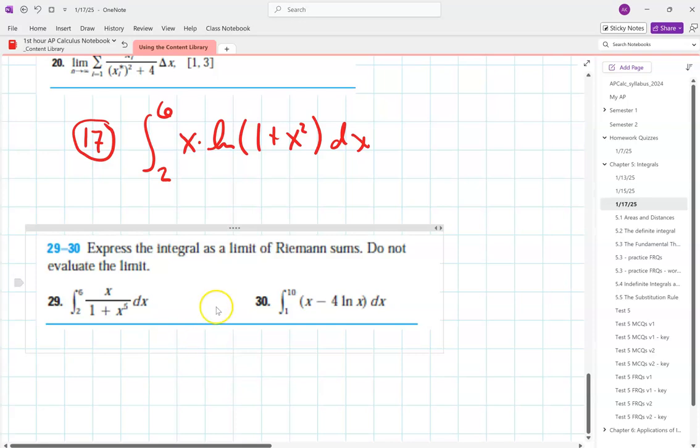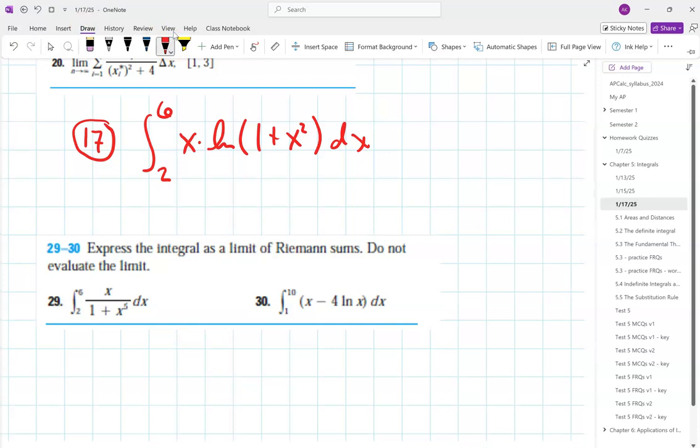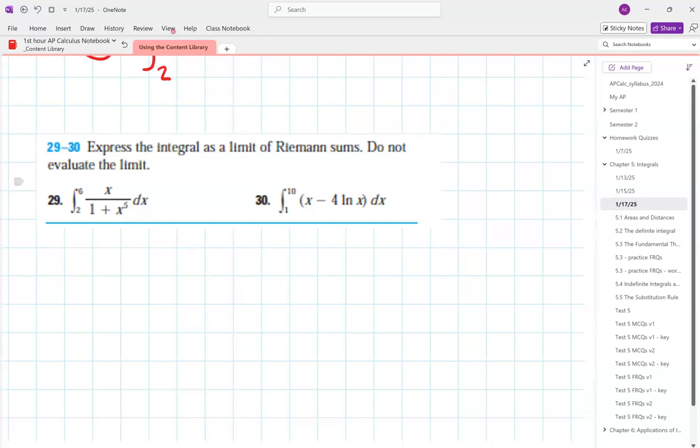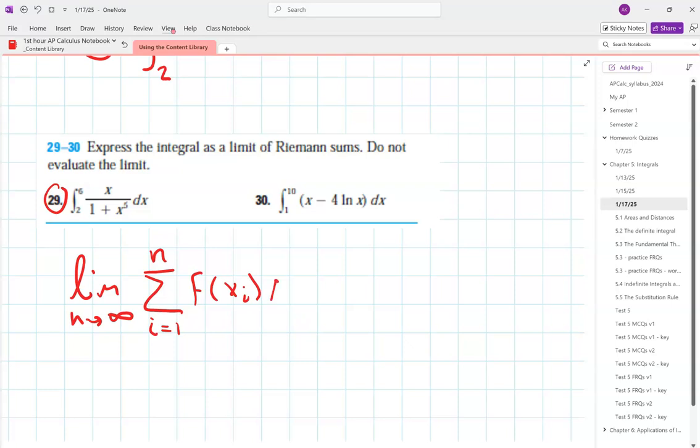Okay. So this direction says to express the integral as the limit of Riemann sums. So I know in general, that's what I'm trying to get to, right? Okay.